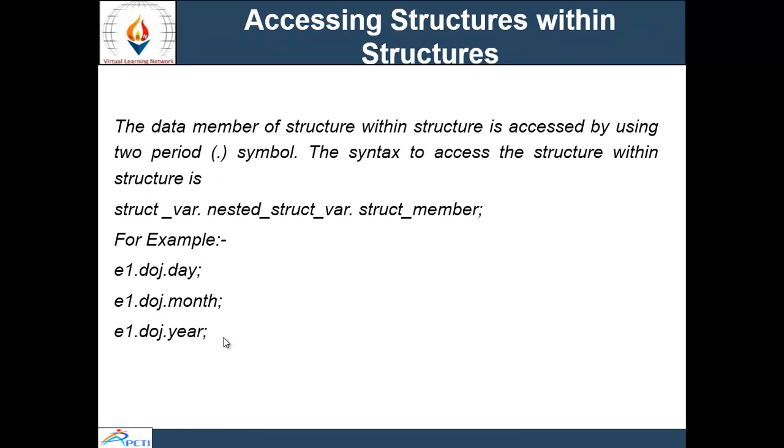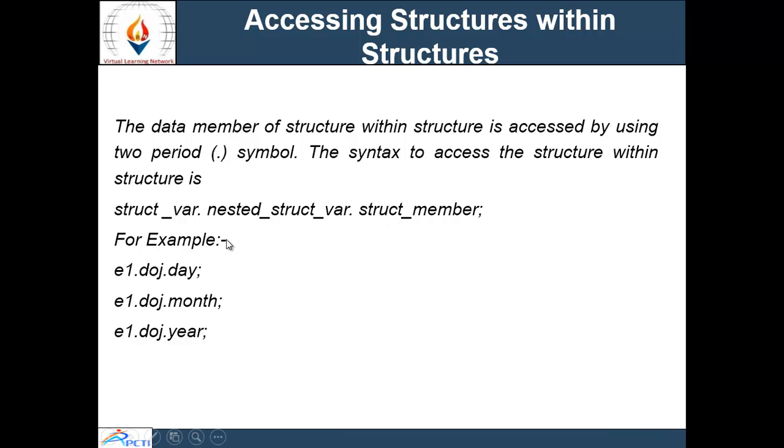To access the members of a nested structure, we need to use two dot symbols. The syntax to access the structure within structure is the structure variable of the main structure, then dot, the variable of the nested structure, then dot and the member of the nested structure.